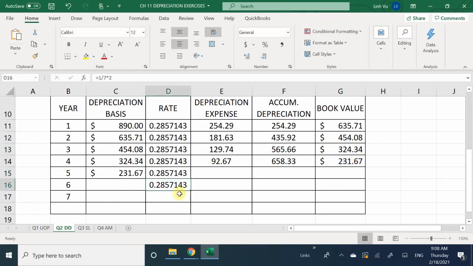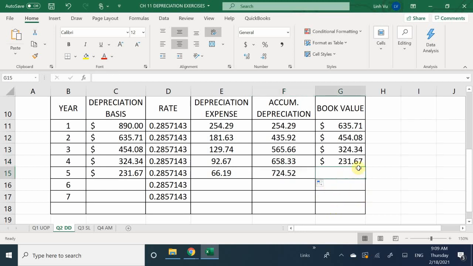Okay. So what is my depreciation expense for year 5? 66.90. Making my accumulated depreciation 724.52.